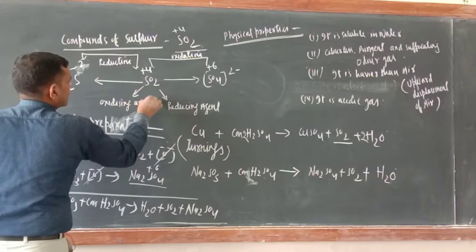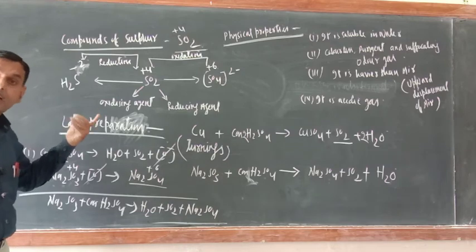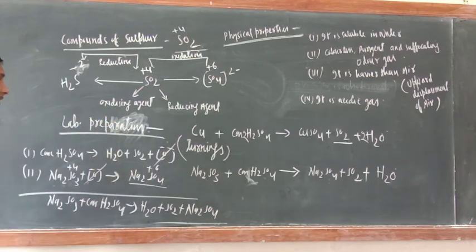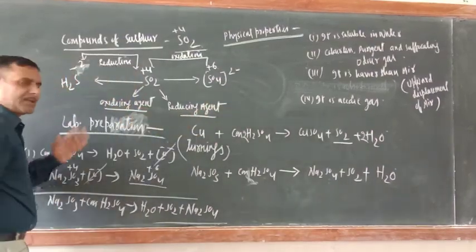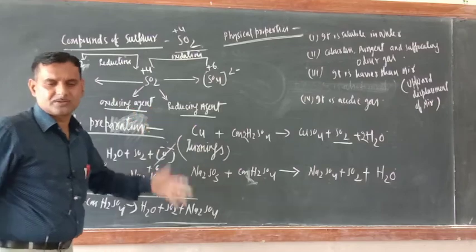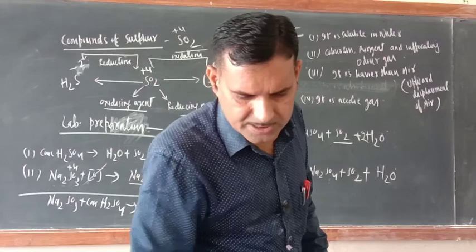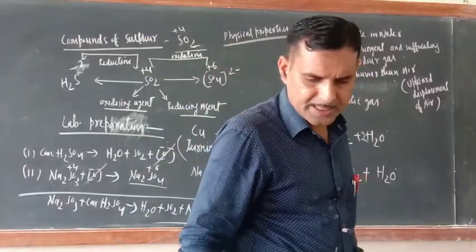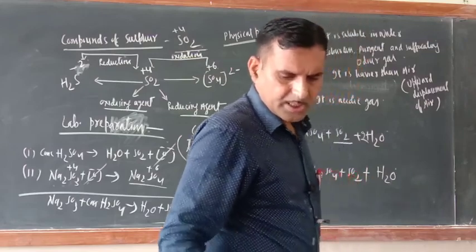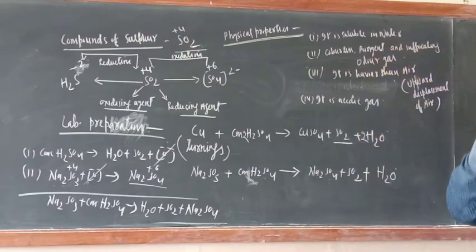So SO2 is a compound of sulfur which can act as an oxidizing agent as well as a reducing agent. Most of the time SO2 is a reducing agent only. So these are some physical properties of SO2 gas. As far as the chemical properties of SO2 gas are concerned, we'll tell you tomorrow. Okay. Thank you very much.